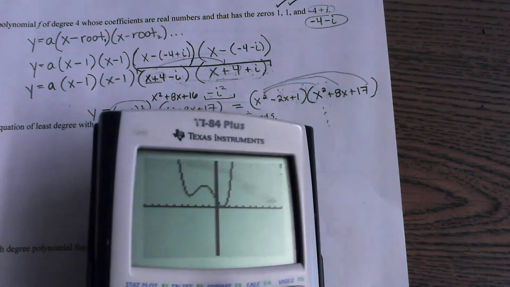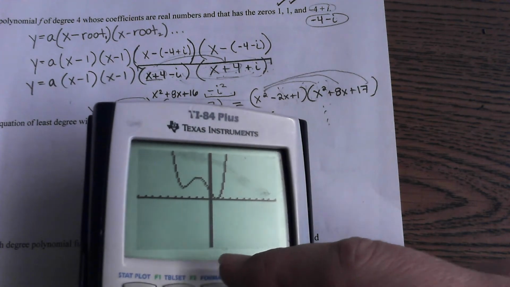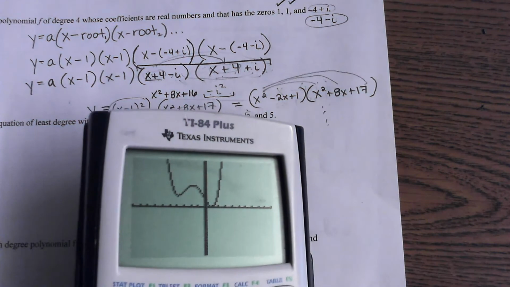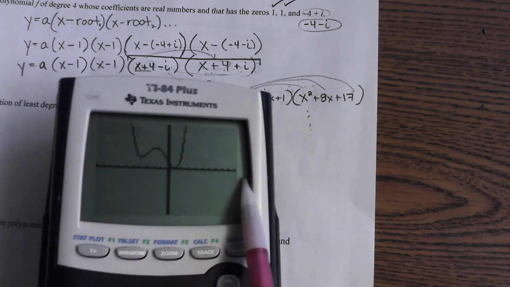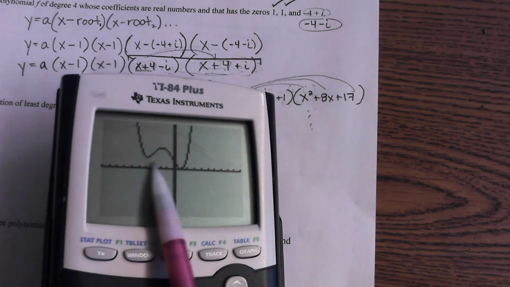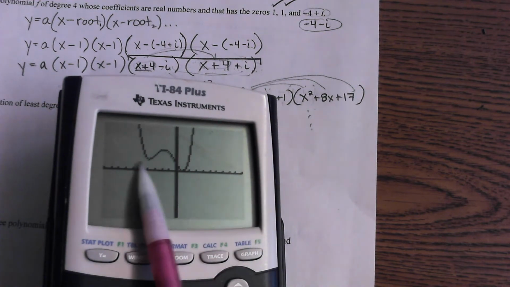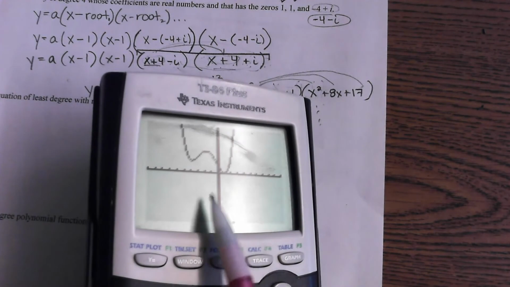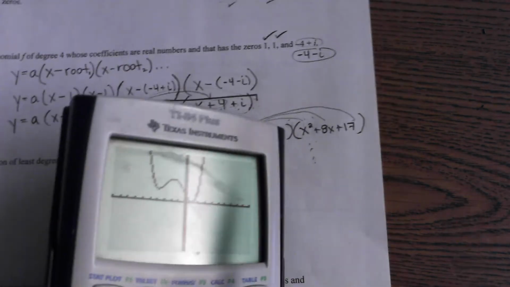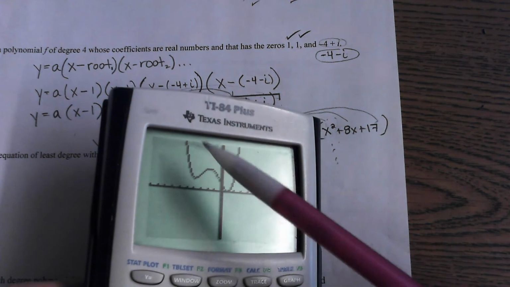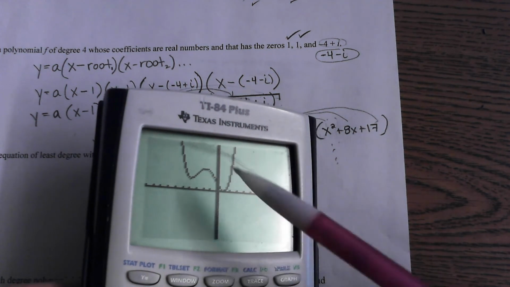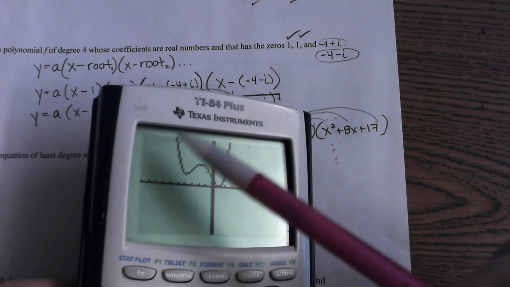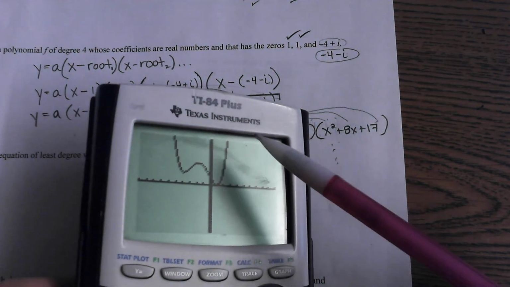Okay, so I had to go from negative 100 to 100 to see this portion, because prior to this, I was going negative 10 to 10, but I was only looking up to like here. Do you see that? So I was not seeing any of this. But now that we see this whole picture, going back to your four roots, first of all, it's a fourth degree polynomial, so can we see the even behavior, the fact that it has the same end behavior? Starts towards positive infinity, ends towards positive infinity.